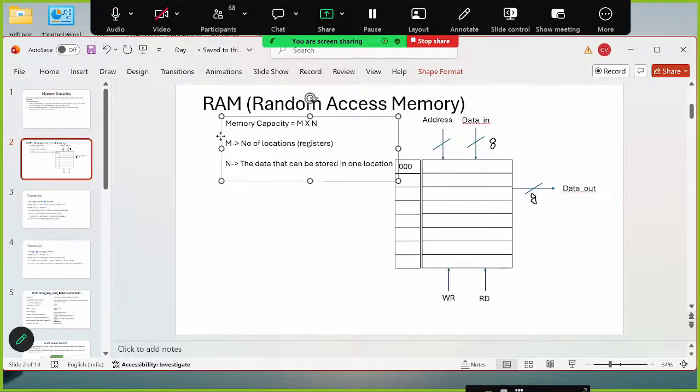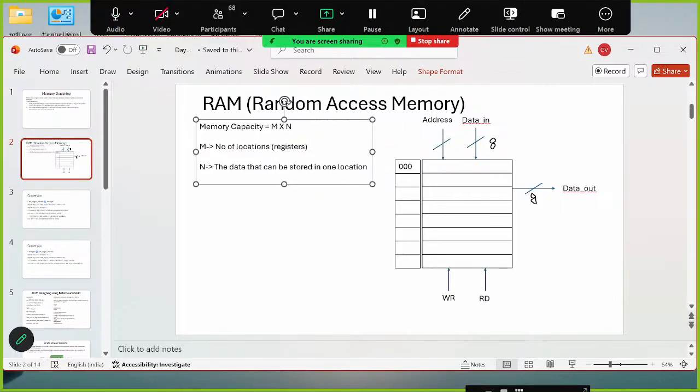Okay, the data that can be stored in one location. So if I want to identify the capacity of this memory, there are eight locations, and each location can store 8 bits of data. So the capacity of memory is 8 into 8, 8 cross 8.